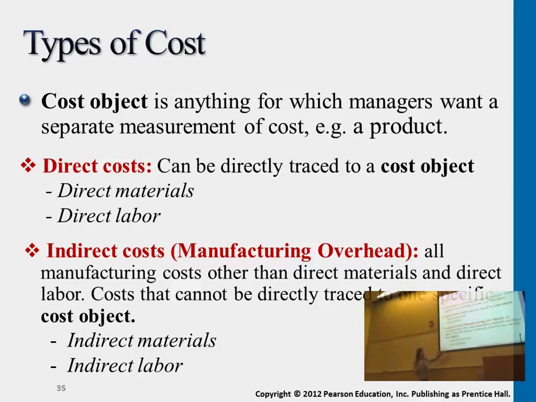Okay? Indirect labor, to give you an example, that would be perhaps janitor's salary. The janitor you hire to help you clean up the factory. That cannot easily be traced to one particular line of business, one particular product, because the manufacturing side is for multiple products. So those janitors' salary, the entire management's salary for the entire plant is considered indirect labor, meaning it cannot be directly traced to one particular product.